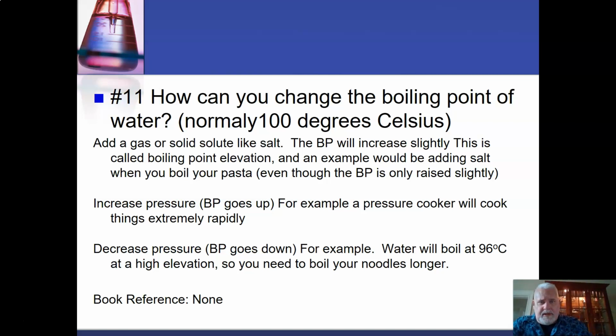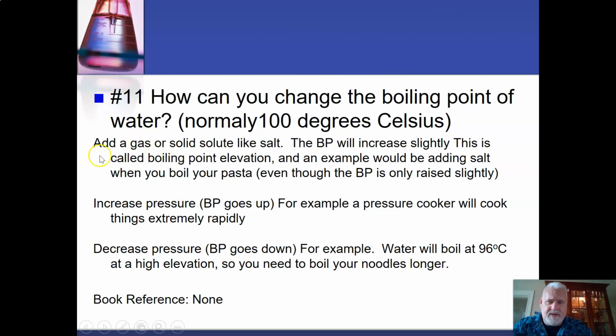All right, so hopefully you kind of got the gist of this as you were looking at it. Let's say you wanted to take water, which normally boils at 100 degrees Celsius, and change its boiling point. One of the things you can do is add a gas and make it bubbly water.